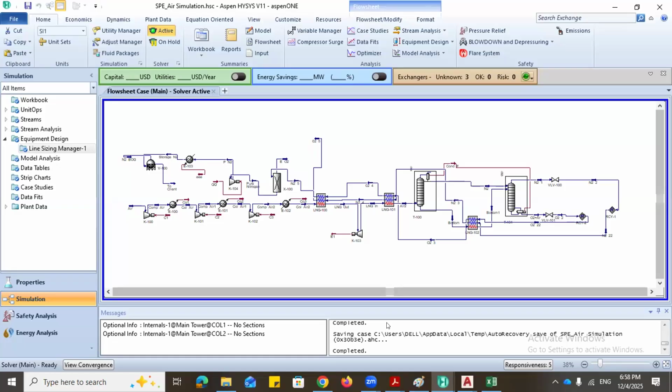But all these ISO and API I just mentioned are specific. ASME is broad. So any other question? Thank you very much, Majid.